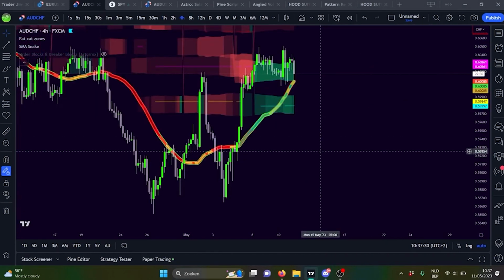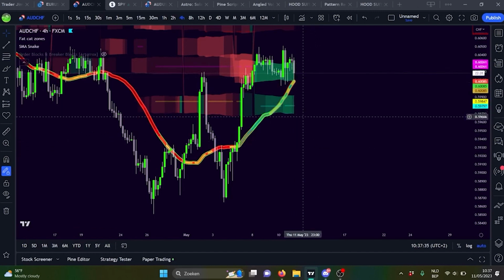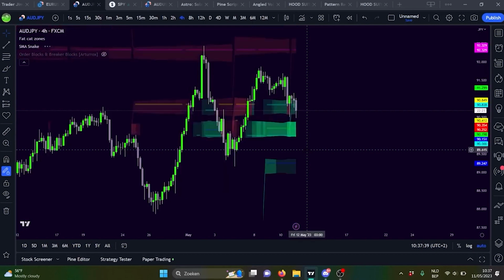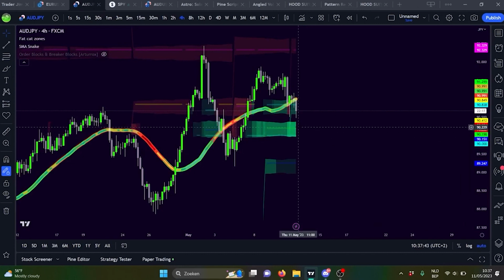Okay, interesting. Probably going to move down. Here, this is a strong zone. The moment we push up from this, don't target this zone.